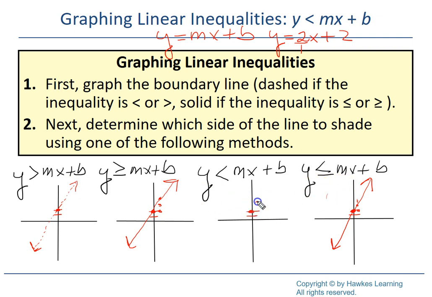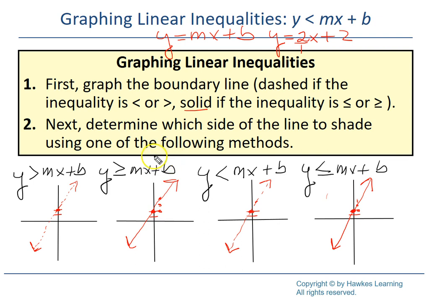Over 1 up 2, about there. So if it's only greater than or less than, then it's a dotted line. If it's greater than or equal to or less than or equal to, it's a solid line. So this is what they're talking about here.